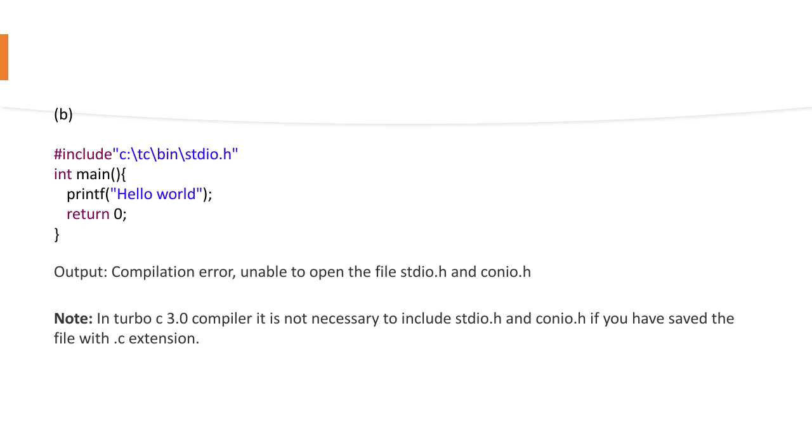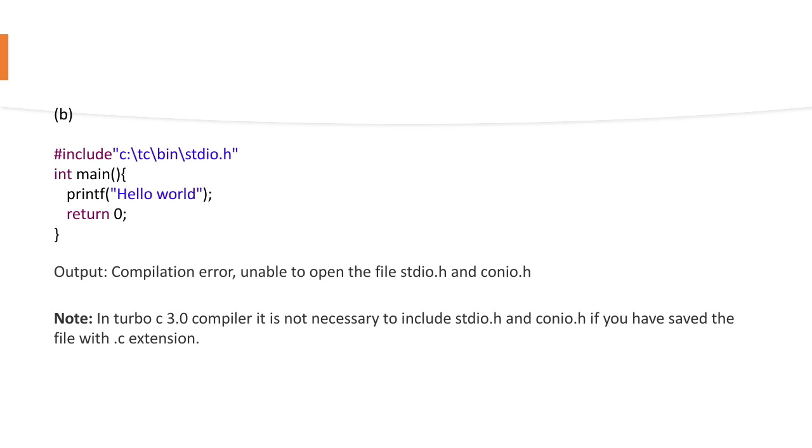I hope there is no confusion now. It was a bit prolonged, but we have seen cases like when the file is present in the current working directory, first initially the current working directory, and then how the compilation happens. If it is not present in the current working directory but present in the include directory, the double quotes still work. And we have seen a case where the file is present in both directories, include as well as current, and it still produces proper output.